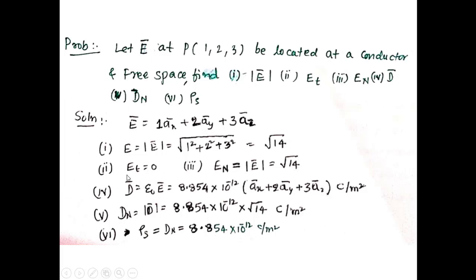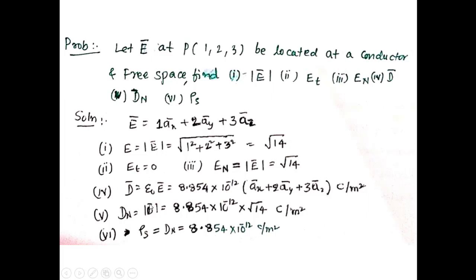Here we know that the electric flux density D bar is equal to epsilon E bar. Since epsilon is equal to epsilon naught only, D bar is equal to epsilon naught E bar. Epsilon naught is 8.854 into 10 raised to minus 12 farad per meter in vacuum, and E bar is 1ax bar plus 2ay bar plus 3az bar.